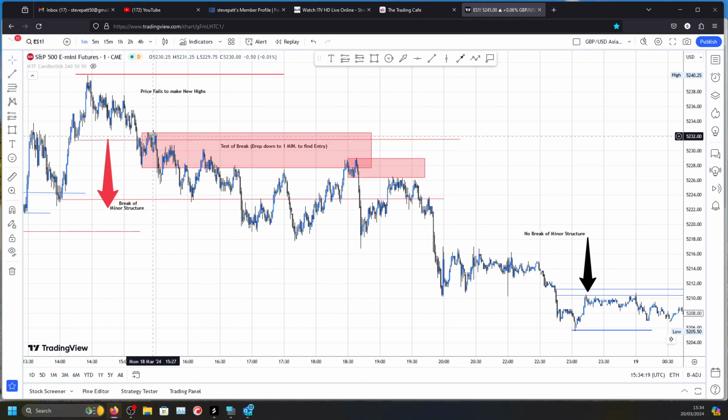You can see the price fails to get back above this high here, and you can see there's a general falling in price.